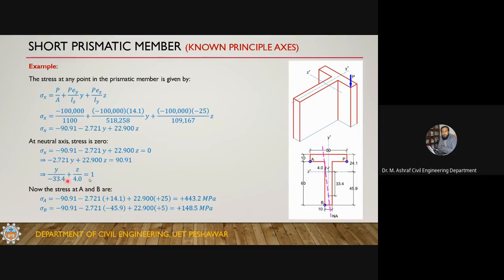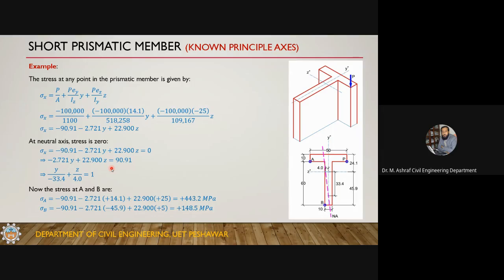You can write this equation in this form also. Simplifying, y divided by 90.91 divided by 2.72, so 33.4, and this will be equal to 90.91 divided by 22.9, so this will result in 4. So this is the intercept form of the equation.